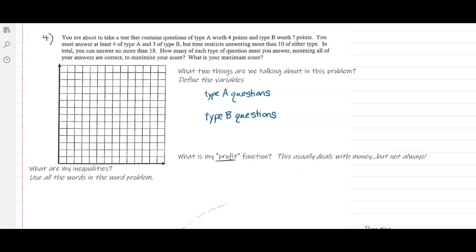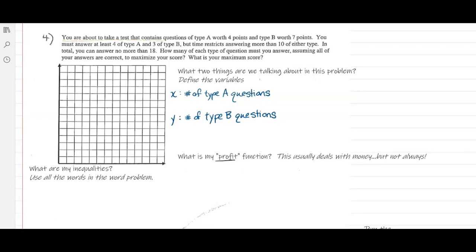And how many of each type? So we're talking about number of type A questions, number of type B questions. I'm going to let X stand for A and Y stand for B. That kind of came from my backstory here.